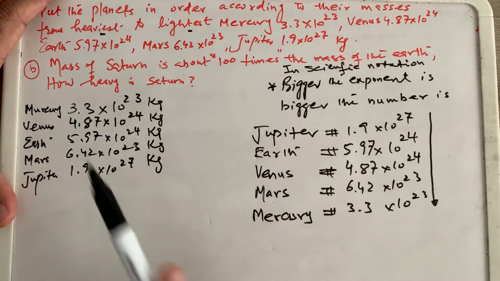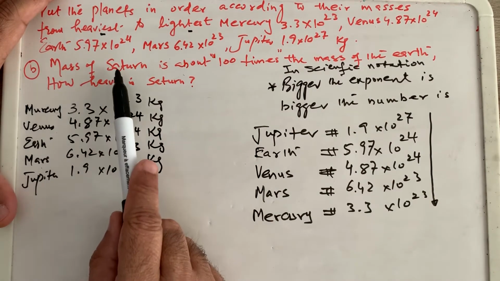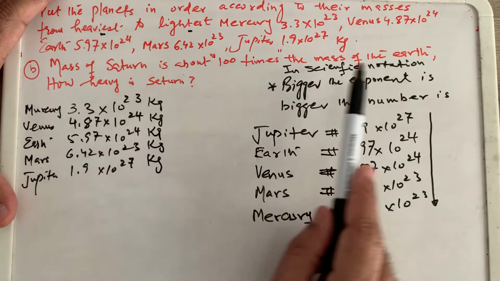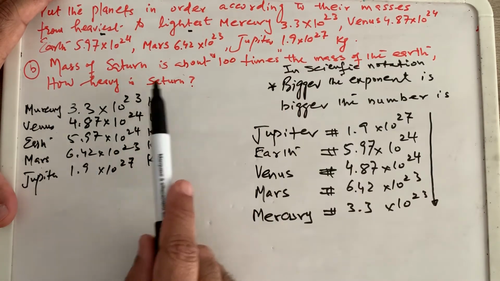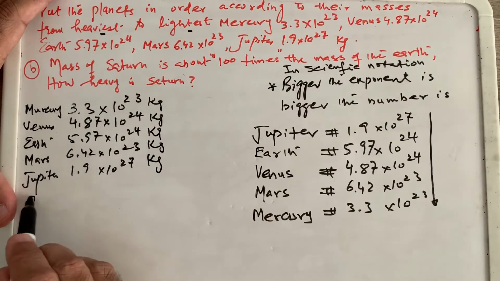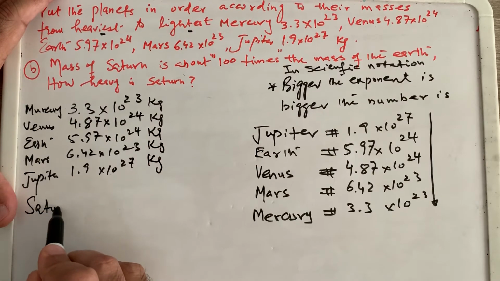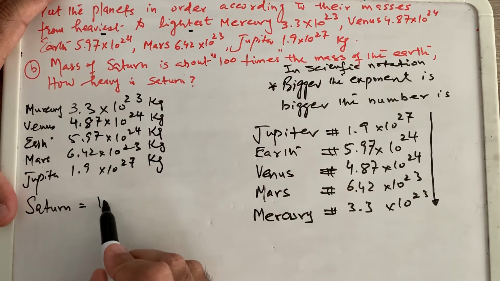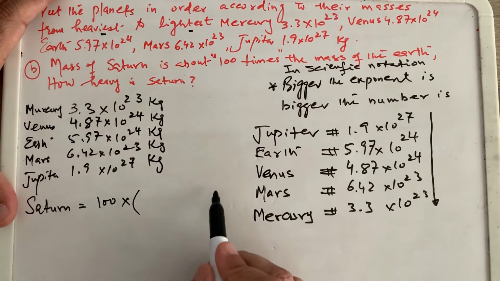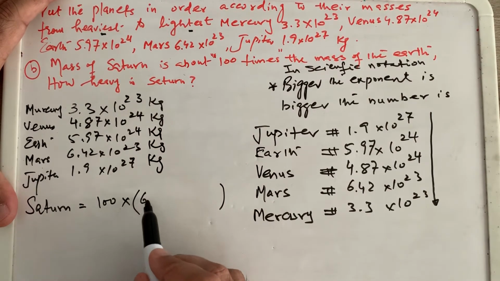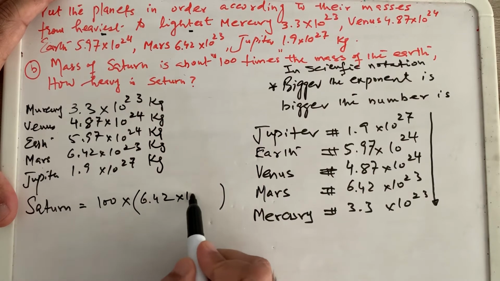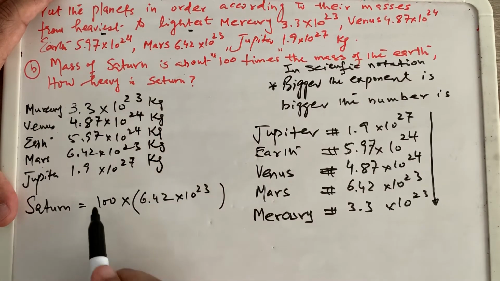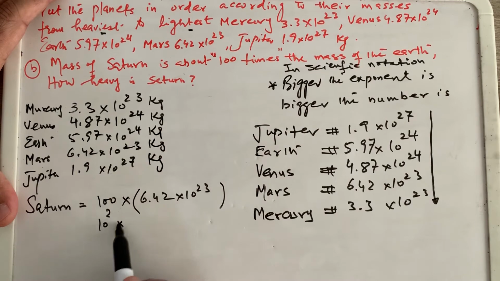Part B: the mass of Saturn is about 100 times the mass of Earth. How heavy is Saturn? Saturn is 100 times the mass of the Earth. What is the mass of the Earth? 6.42 into 10 to the power 23. 100 times means 10 to the power 2.